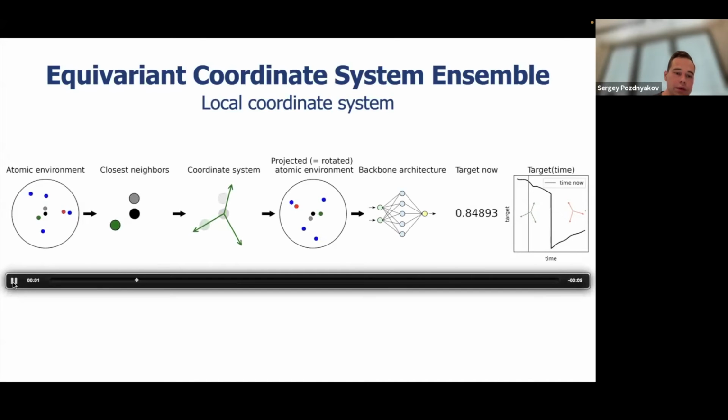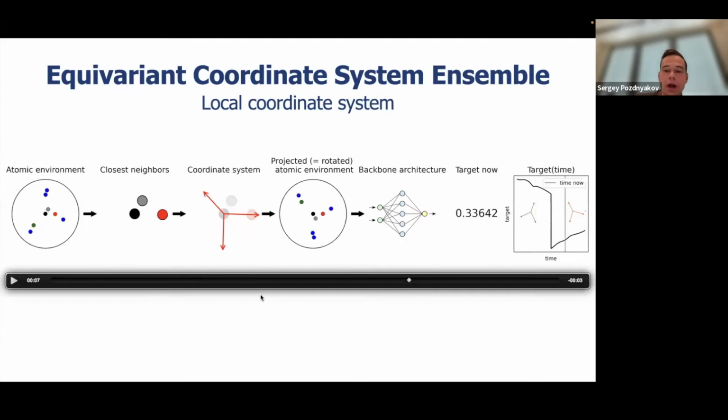So now we can run the simulation. During the simulation, what we observe is that the green atom goes away, the red atom goes towards, and at some moment in between, there is a discontinuous switch from the green coordinate system to the red coordinate system. And this discontinuous switch immediately causes the input to our backbone architecture to also change in a discontinuous manner. Maybe we can pay attention to this input here, which changes in a discontinuous manner.